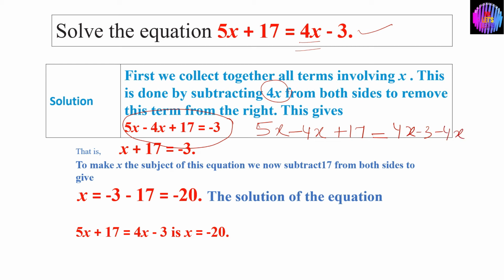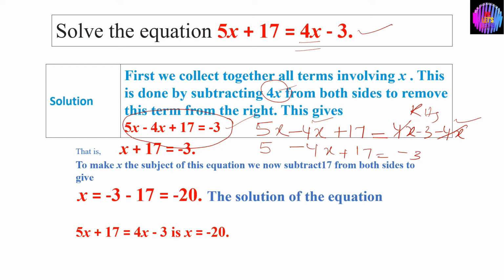This gives this equation. In the left hand side, 5x minus 4x plus 17. In the RHS, 4x and minus 4x will be cancelled and minus 3 will remain. So this gives 5x minus 4x plus 17 is equal to minus 3.